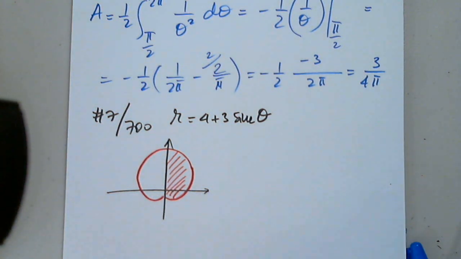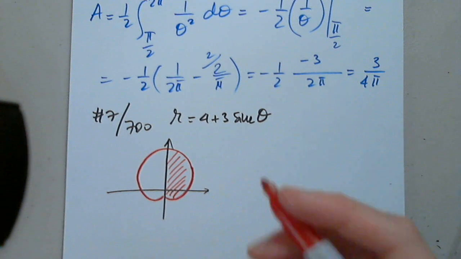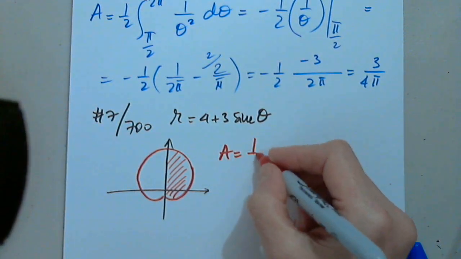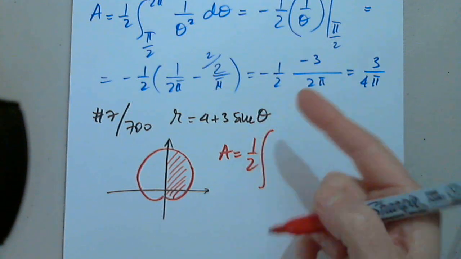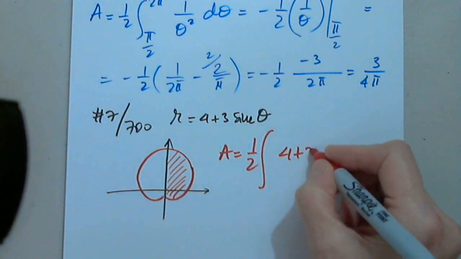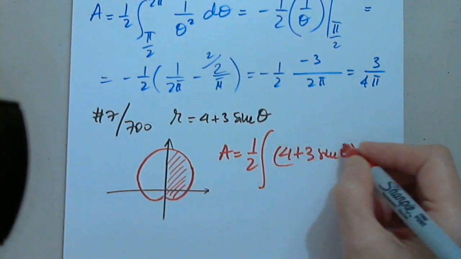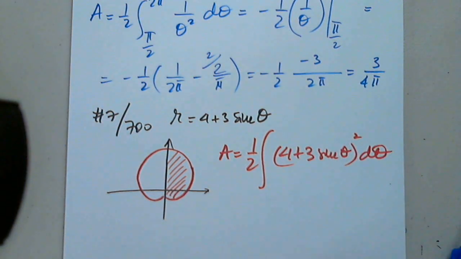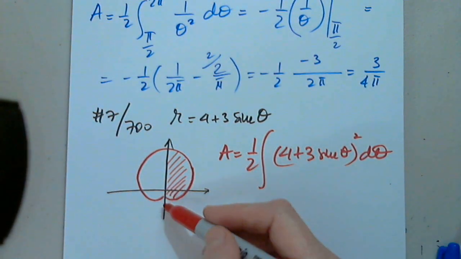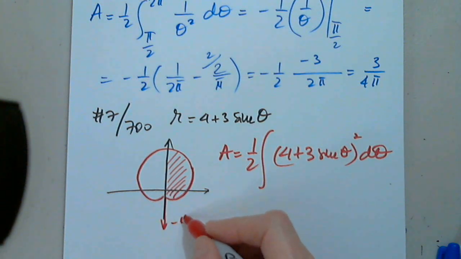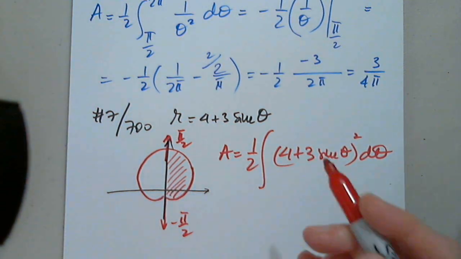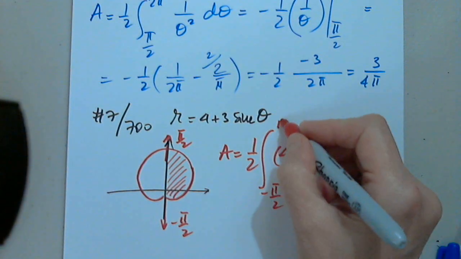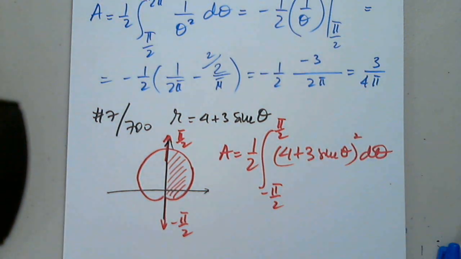So first of all, let's look at the angle, because the area will be 1/2 the integral from low to high for the theta, of 4 plus 3 sine theta, everything squared d theta. So obviously you see this is the direction of negative pi over 2, and this is the direction of pi over 2. So it's between negative pi over 2 and pi over 2. That's simple.